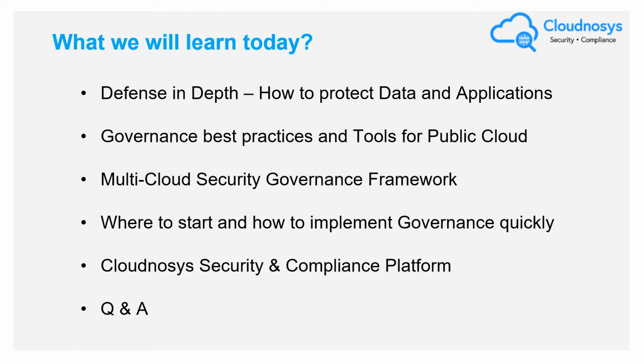We're also going to get into the multi-cloud security governance framework, and that framework is going to be around six specific steps which you can take to actually deliver this very quickly for your organization.